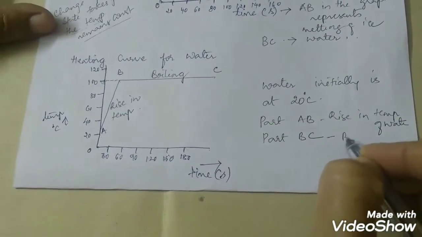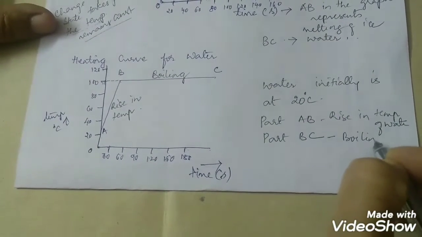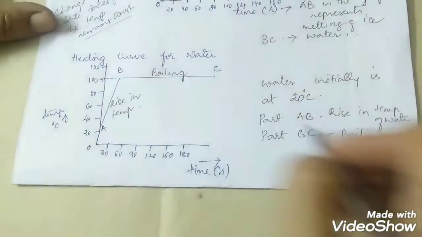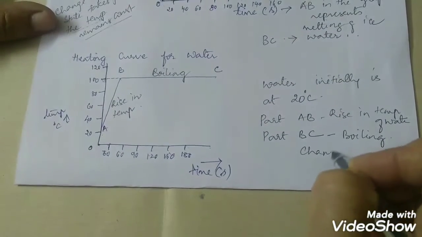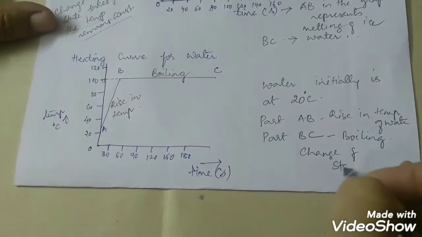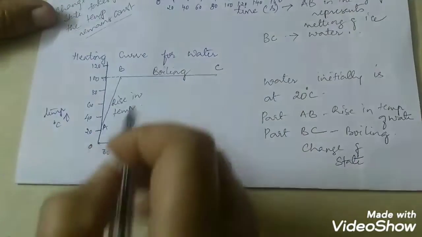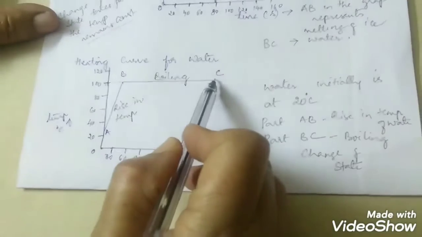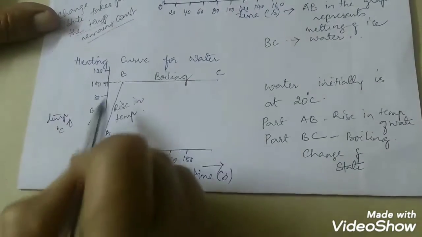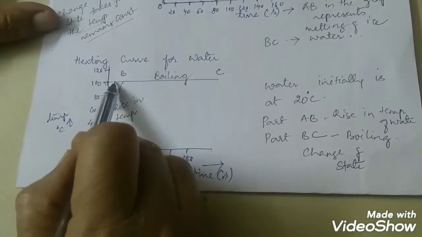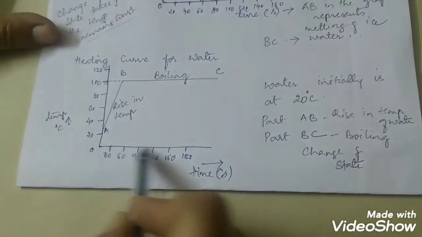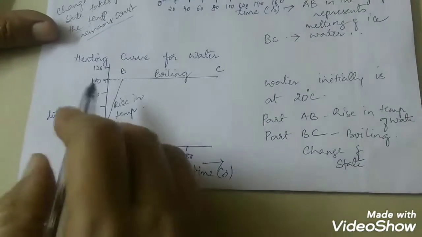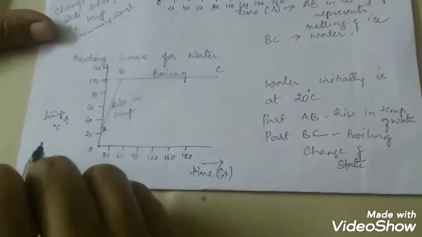Part BC represents boiling, and this is called change of state. Water will be converted into steam at 100 degrees Celsius, and the temperature will be constant. Though the time will be changing, the temperature remains constant. So this is the heating curve for water.